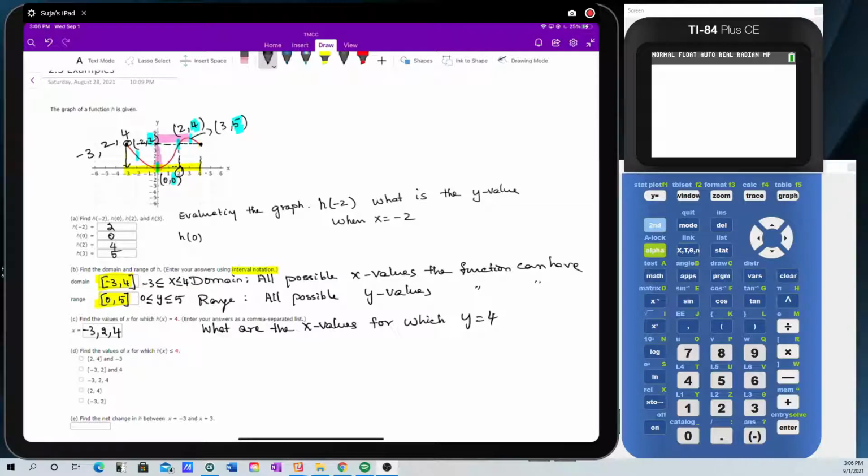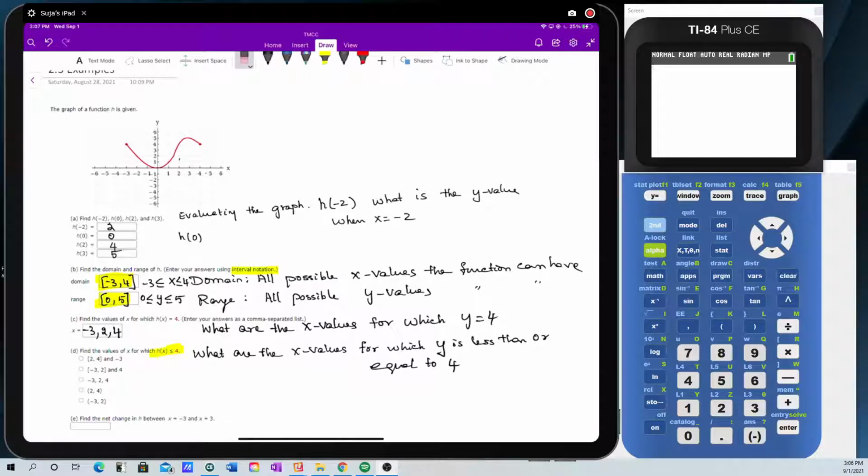Okay. The next one is again the same for h of x less than or equal to 4. Now what it means is, what are the x values for which my y is less than or equal to 4. So let me erase all this. Given x, first of all, I need to identify where y is 4, which is this point here, right?